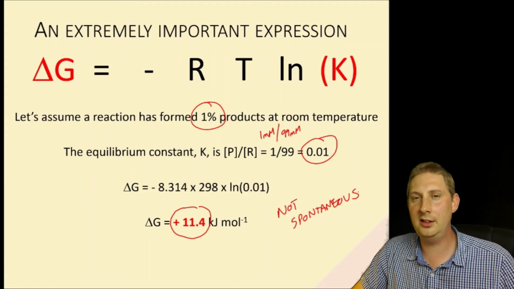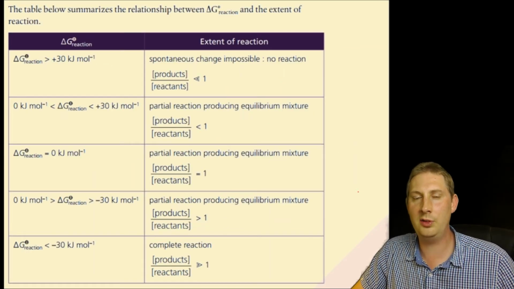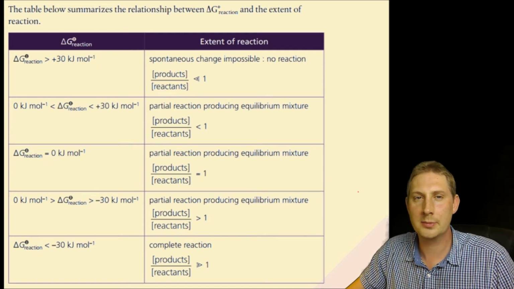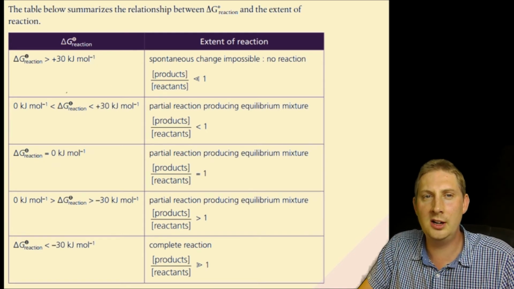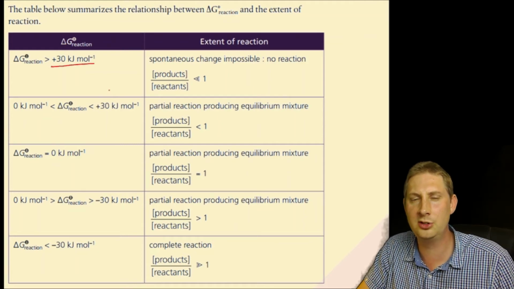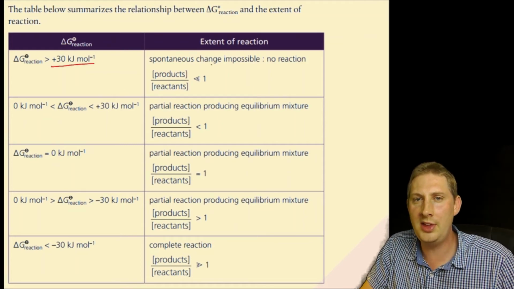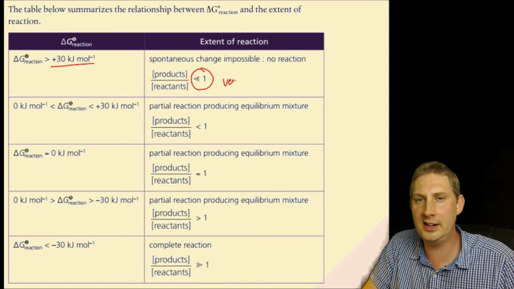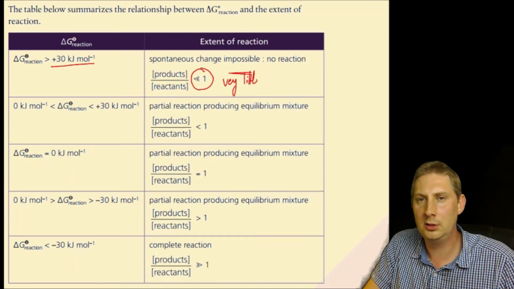And we can begin to work out how the value of K and the value of G are related. So if you work backwards and assume that delta G reaction is plus 30 kilojoules per mole, then you'll work out that the amount of products compared to reactants is way, way, way less than 1. Very little product.